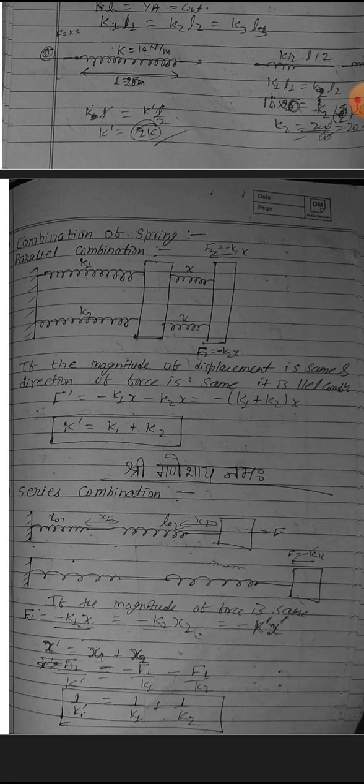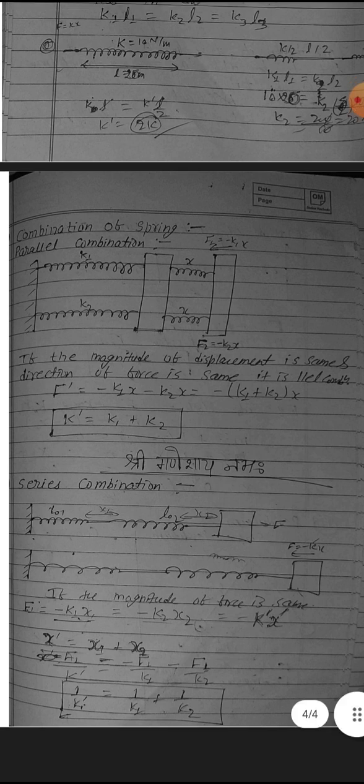That means the direction of force is the same, whereas both the springs would be displaced by an equal amount. So this is an example of parallel combination of springs. In parallel combination, always remember that the magnitude of displacement is the same and the direction of force is the same.